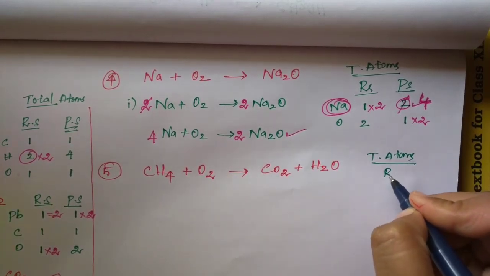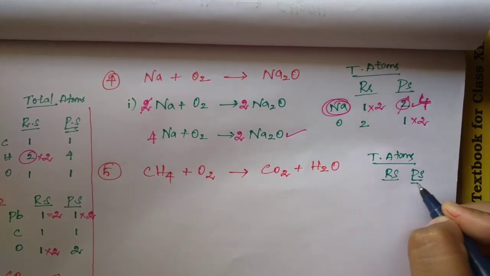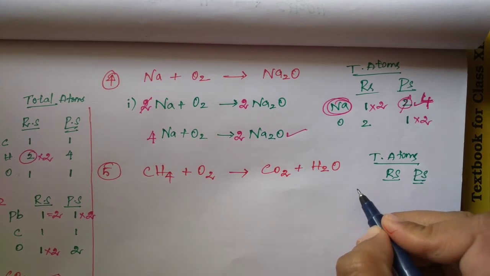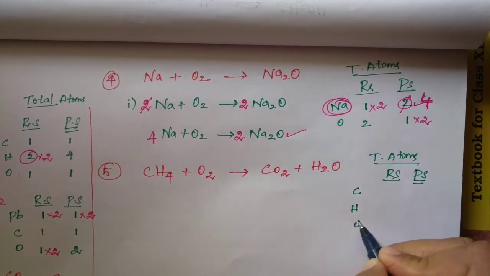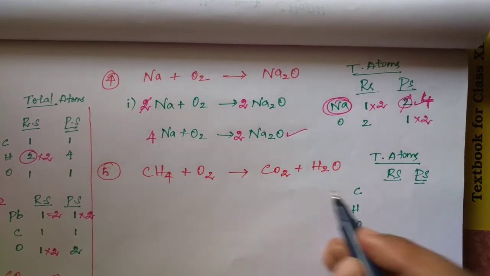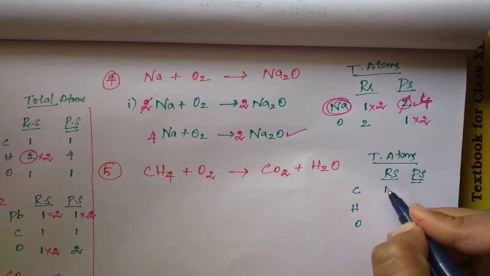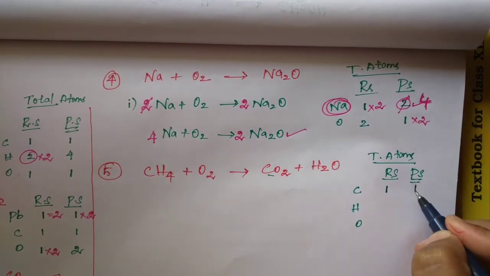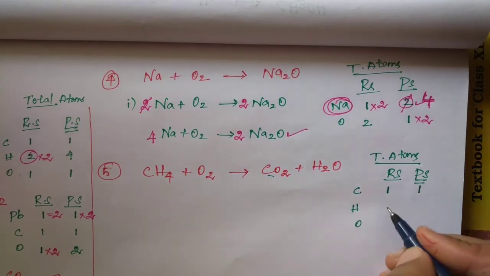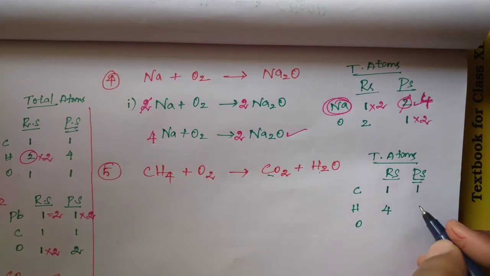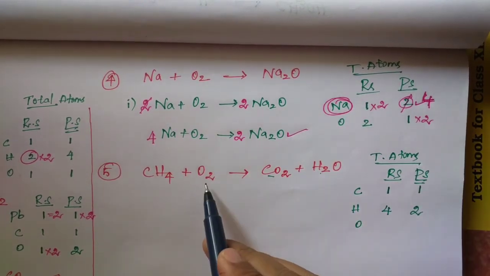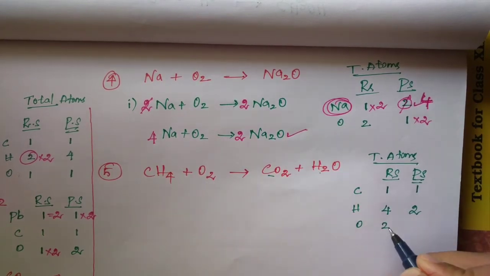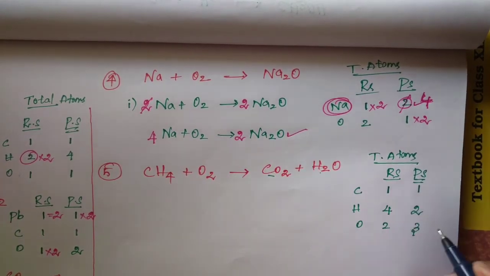Total atoms, reactant side, product side. What are the atoms, students? Carbon, hydrogen, oxygen. Reactant side, carbon 1. Product side also carbon 1. Reactant side hydrogen 4. Product side hydrogen 2. Reactant side oxygen 2. Here oxygen 3.